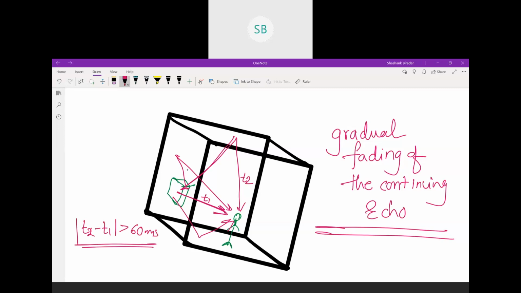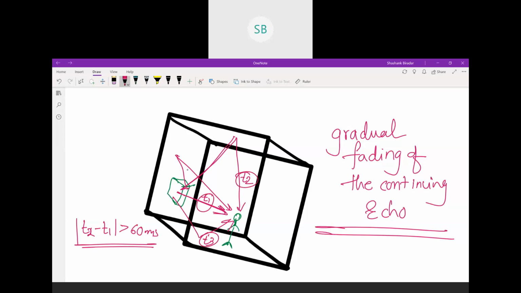we can hear the distant echo. And reverberation over here is the gradual fading of the continuing echo, because this wave is getting delayed, and this t3 is also getting delayed as compared to t1.